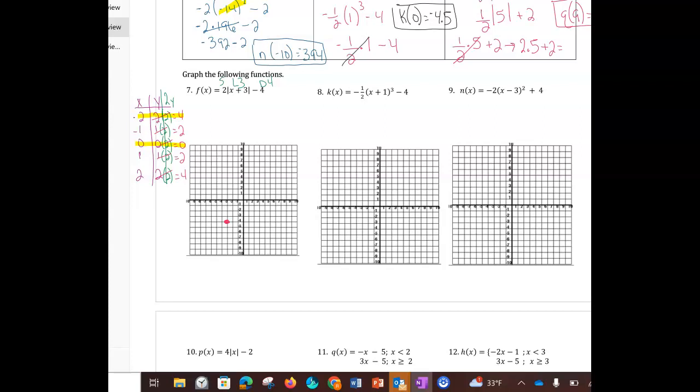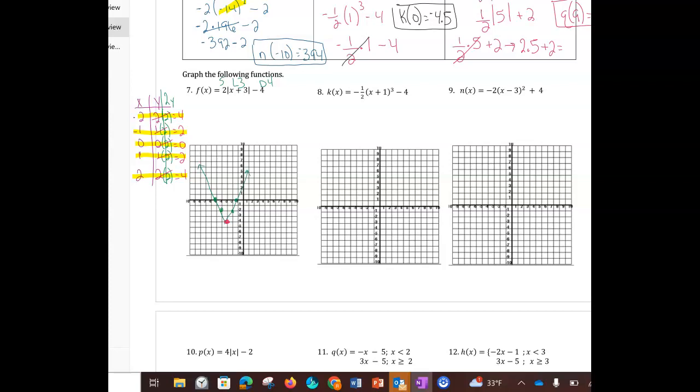So for my pink point, I'm going to go left 2 up 4. And then I'll do the negative 1, 2. So for my pink point, I'll go left 1 up 2. And then I'll just do the same for here. I'll go right 1 up 2. And then for my last point, I'll go right 2 up 4. And I end up with a V shape that looks like this.